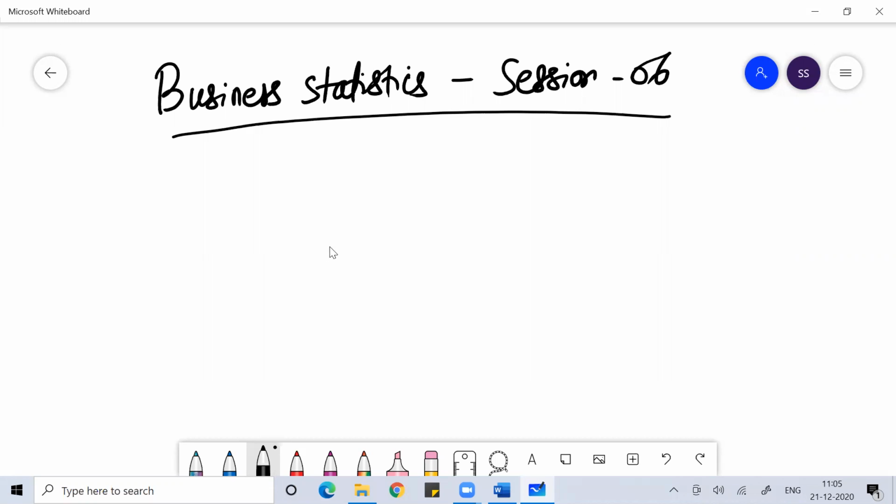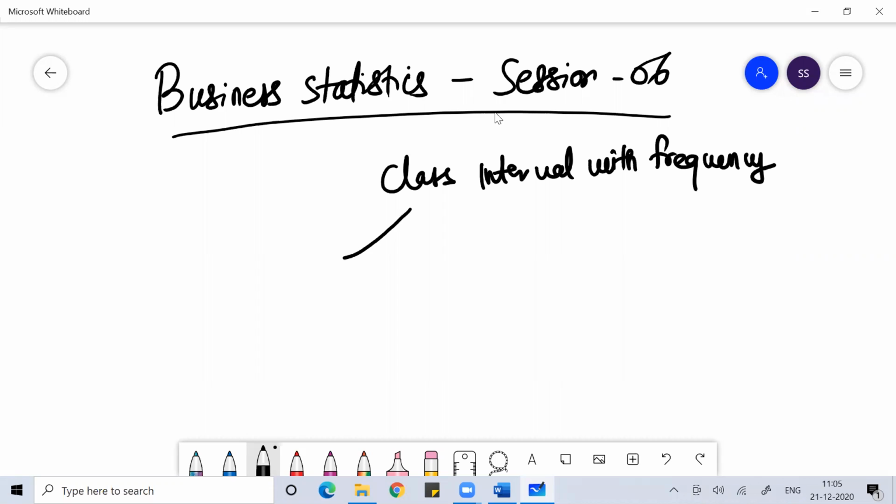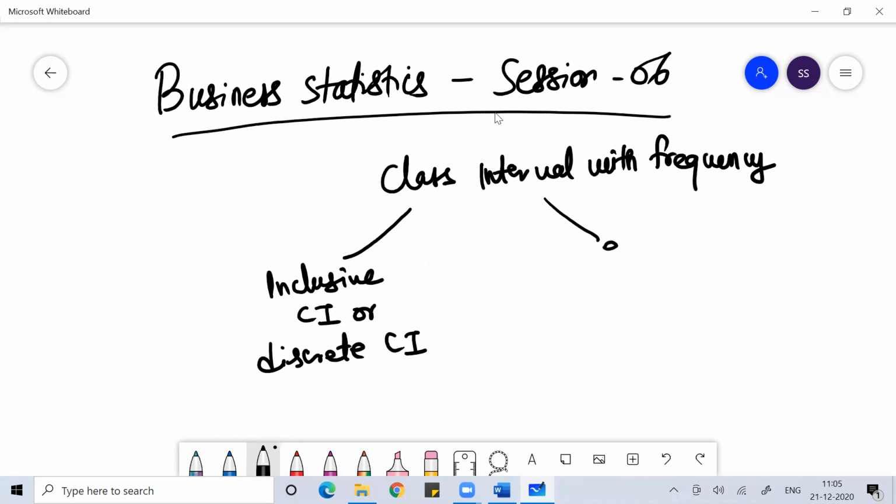Whenever any data is represented in the form of class interval with frequency, it follows either an inclusive class interval, also called a discrete class interval, or an exclusive class interval, also called a continuous class interval.